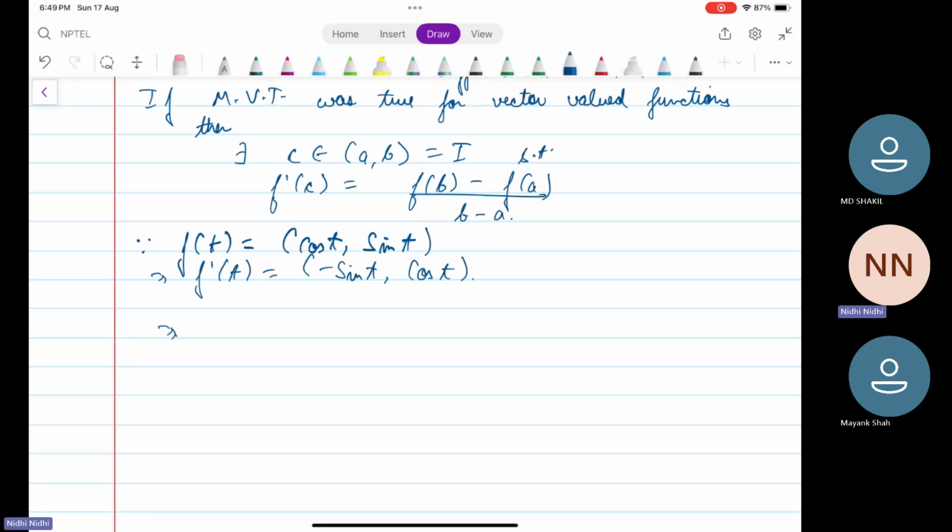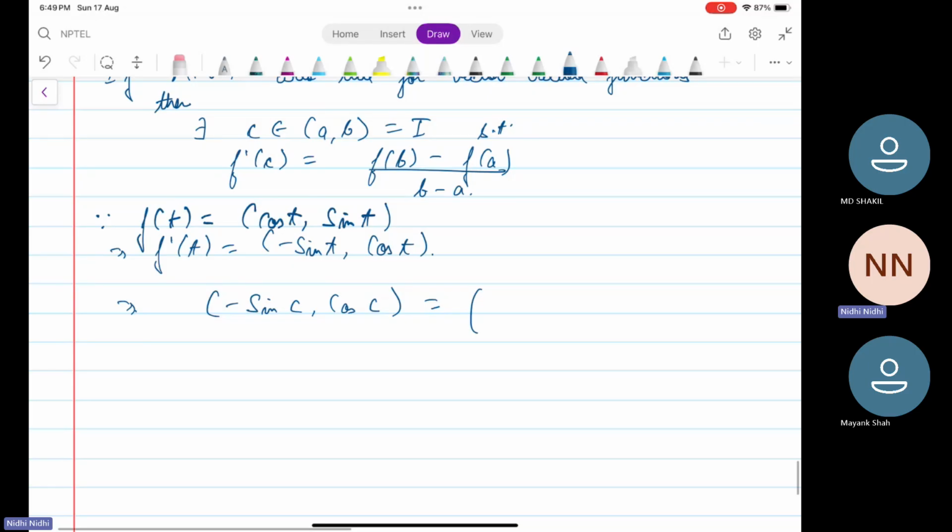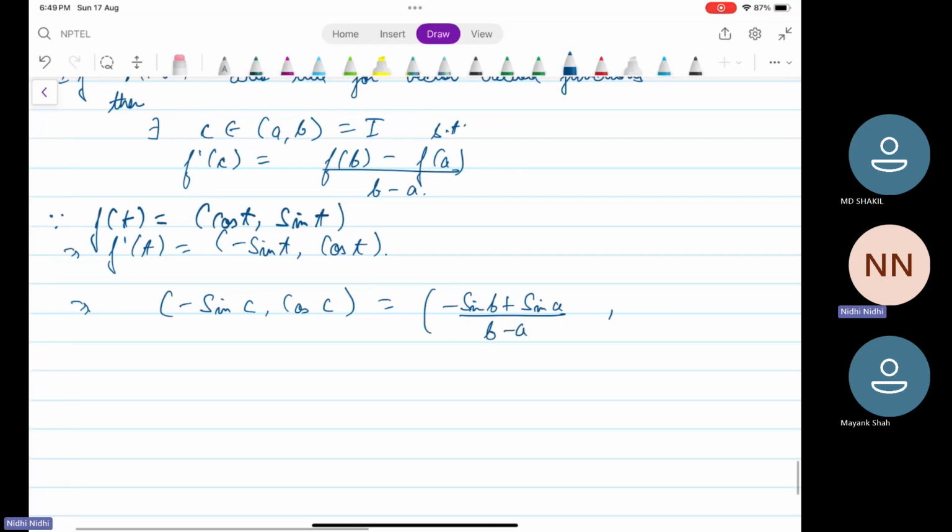So this implies (minus sin c, cos c) is equal to, I'll write it directly, (minus sin b plus sin a upon b minus a, comma, cos b minus cos a by b minus a).